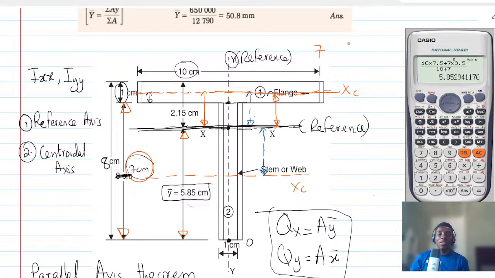It's 7 minus 5.85. That gives you this distance here. And then you add 0.5 to it. So 7 minus 5.85 plus 0.5.